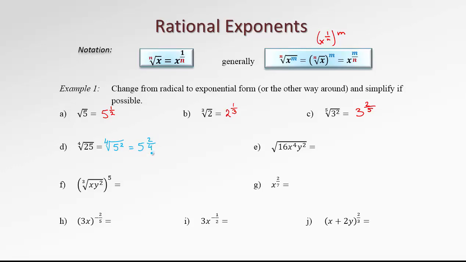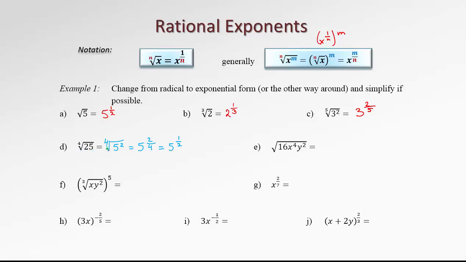Can we simplify this any further? Well, yes, we can, because now our exponent is 2/4, which simplifies to 1/2. So we really have 5 to the 1/2. Notice that that was very useful to actually simplify this 4th degree root of 25.